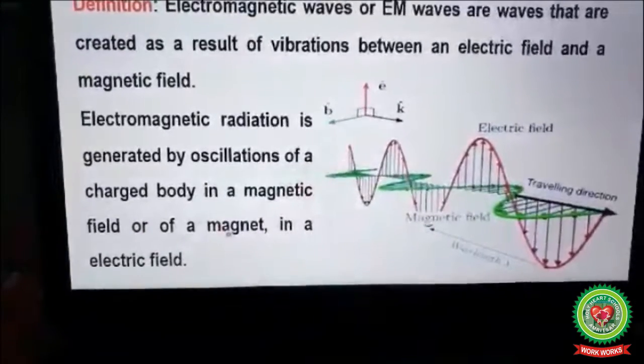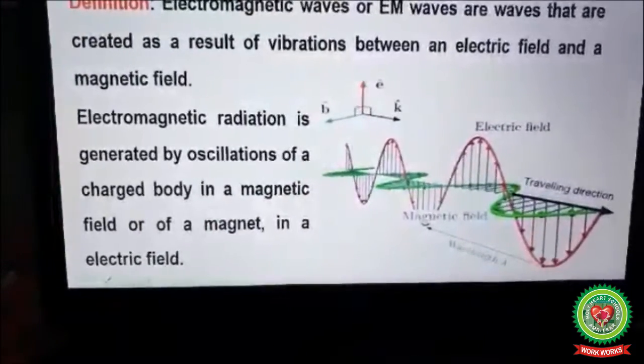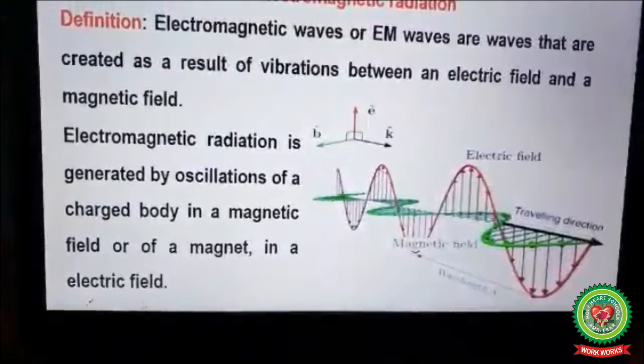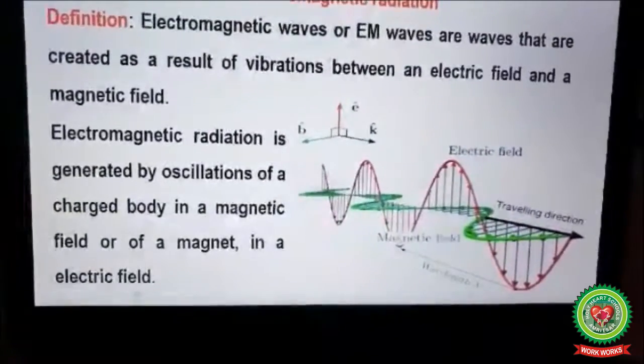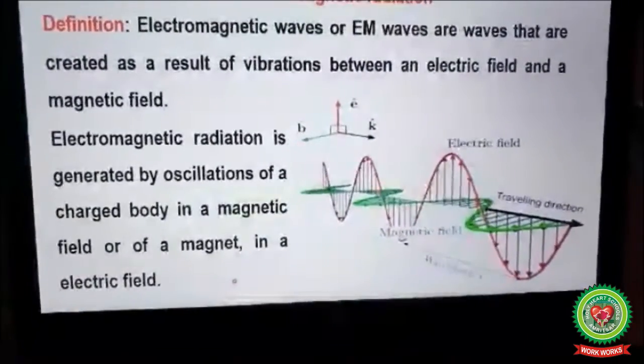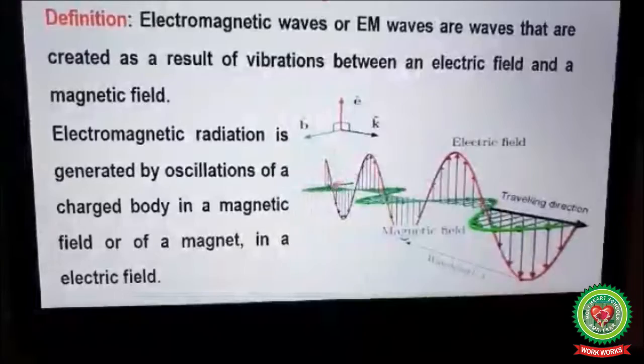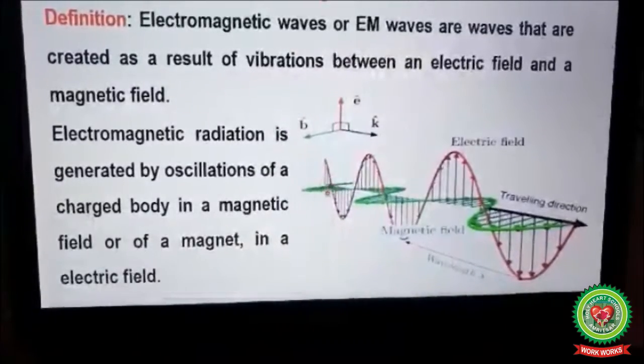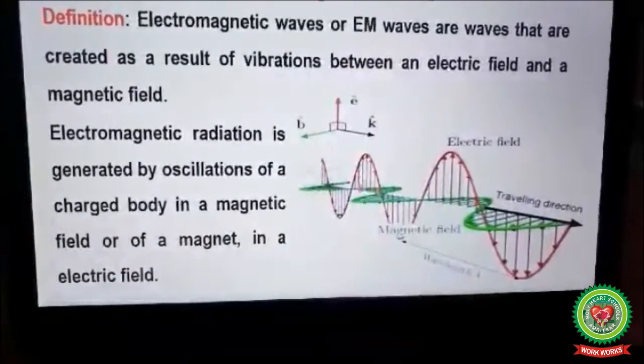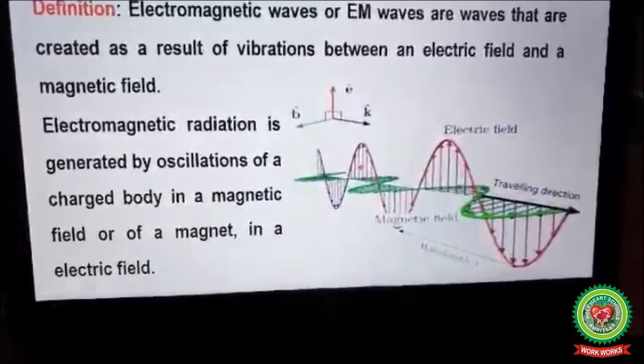Or if we keep a magnet in an electric field, then also electromagnetic radiations can be generated. But we need to keep in mind that the electric field and magnetic field are perpendicular to each other. They are transverse waves.